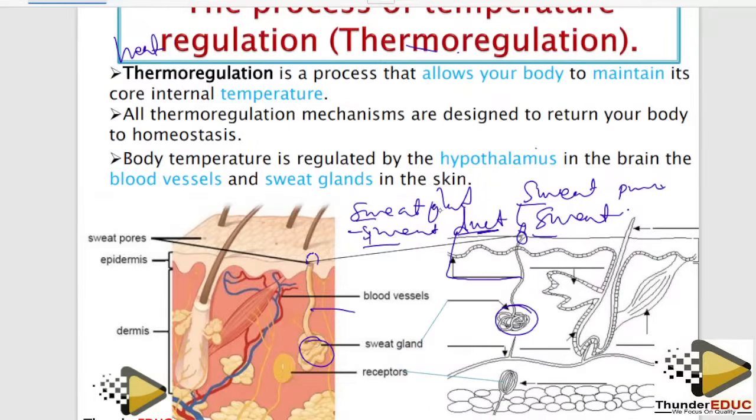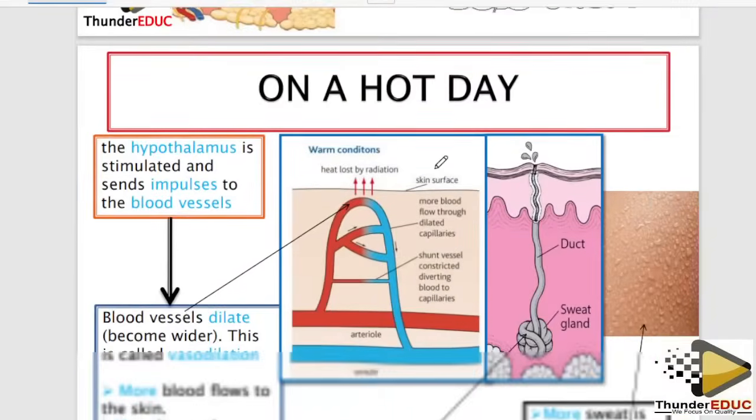Then number two, you need to know the blood capillaries. This is a hair follicle. You must know how the blood capillaries work.